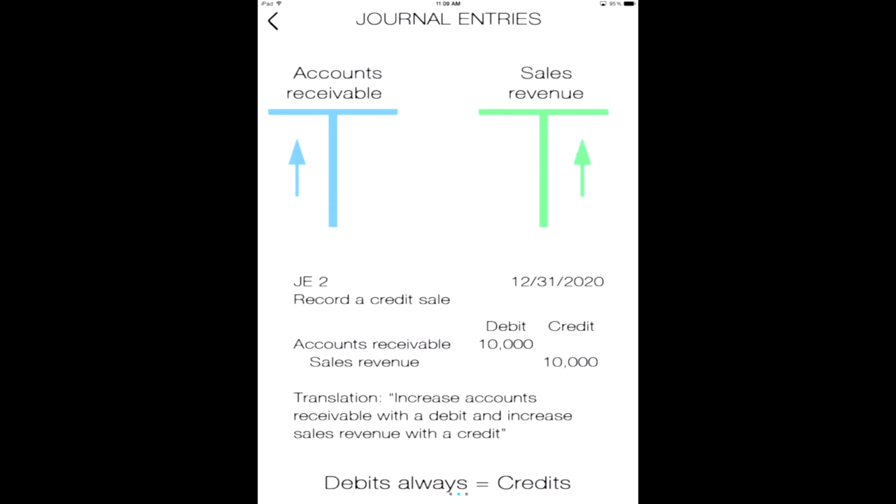Now we have another journal entry, accounts receivable and sales revenue. We are going to record a credit sale here by debiting accounts receivable, increasing asset, and crediting sales revenue, increasing sales with the credit.